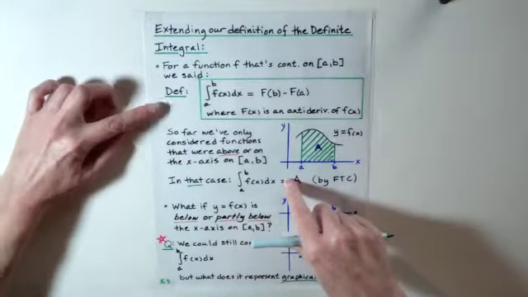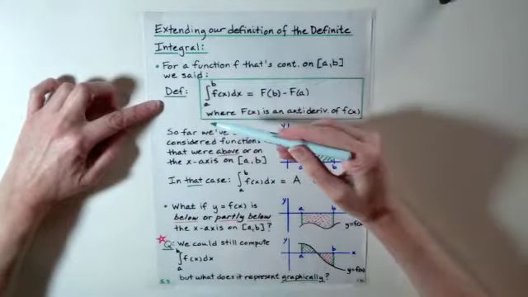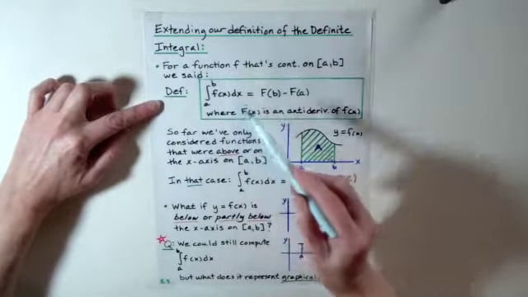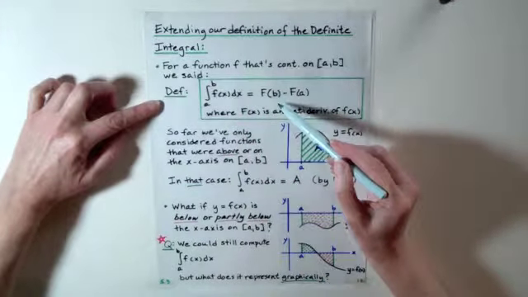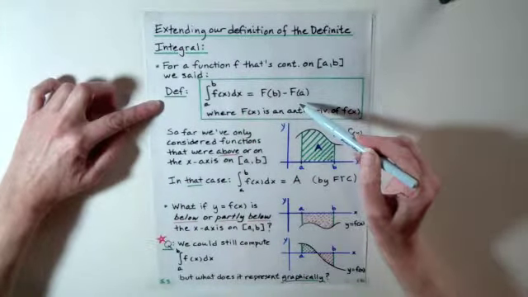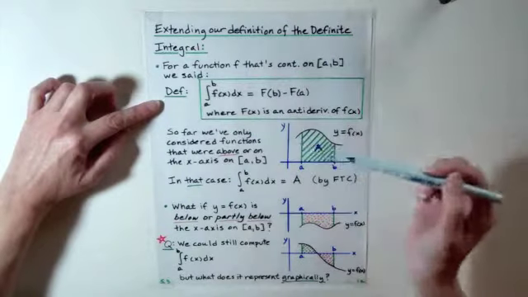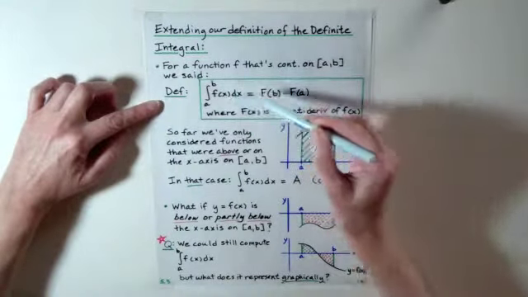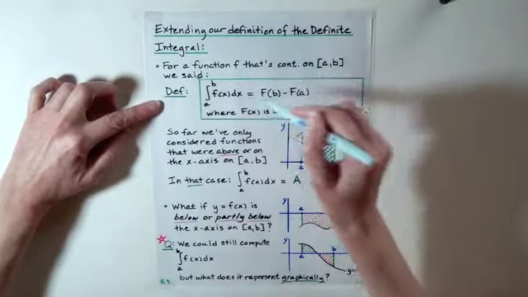But remember what we've said so far is that the definite integral from a to b of little f of x dx is equal to capital F of b minus capital F of a, where remember capital F of x is an antiderivative of little f of x. Normally, of course, we have steps in between these two sides.